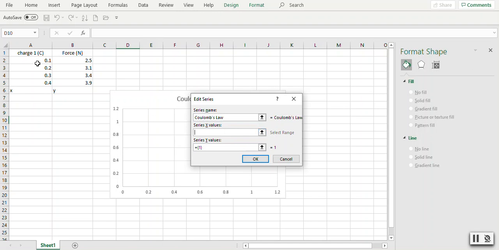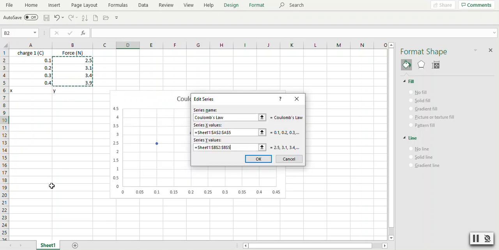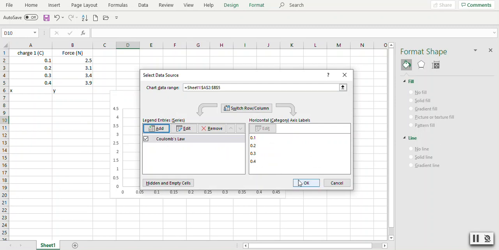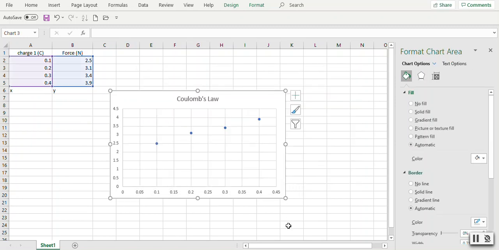For series X values, I said that the charge 1 will be the variable in the x-axis, so it will pick these values over here. And now to pick the series Y values, I have to erase what I have over there, and then I will just select the values of the force. When I do it, I am ready to see my graph.